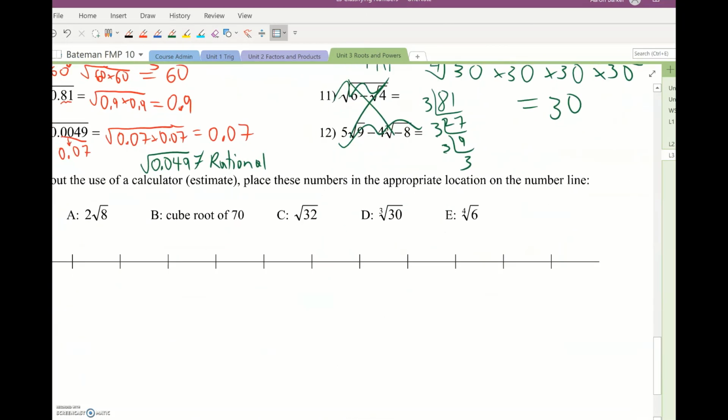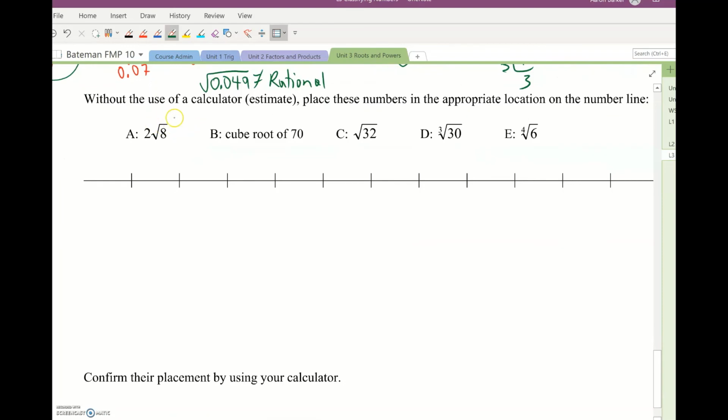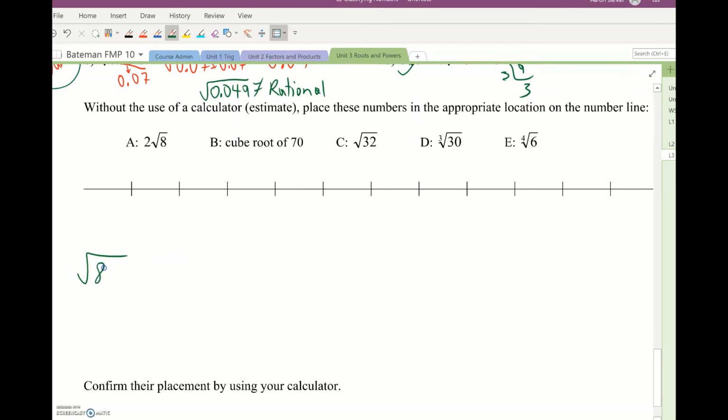Okay, estimating on a number line. So a couple things you need to keep in mind. Number one, you cannot compare these two easily because we have to move that 2 inside. So what we can do is compare root 81 versus root 80.